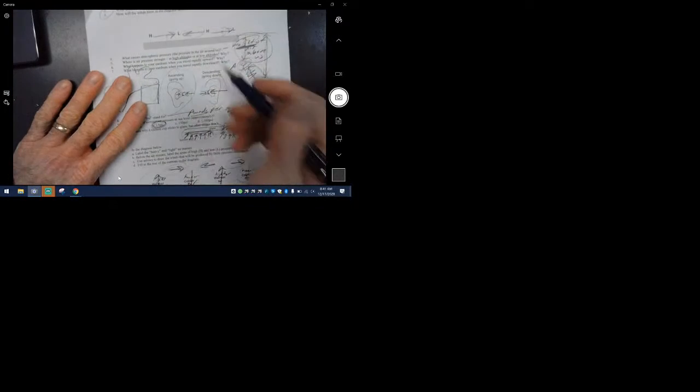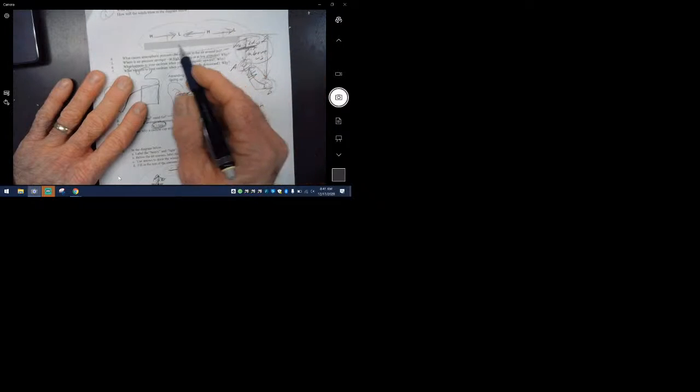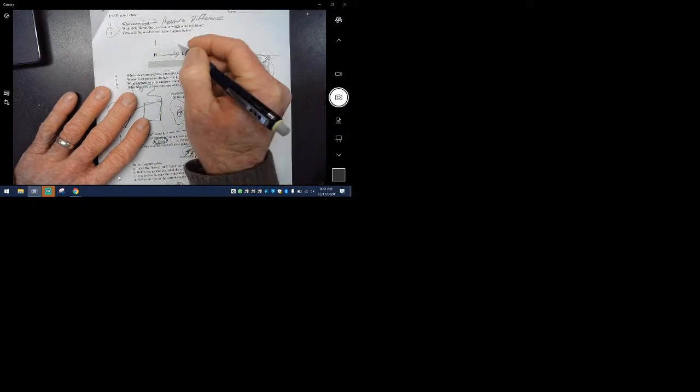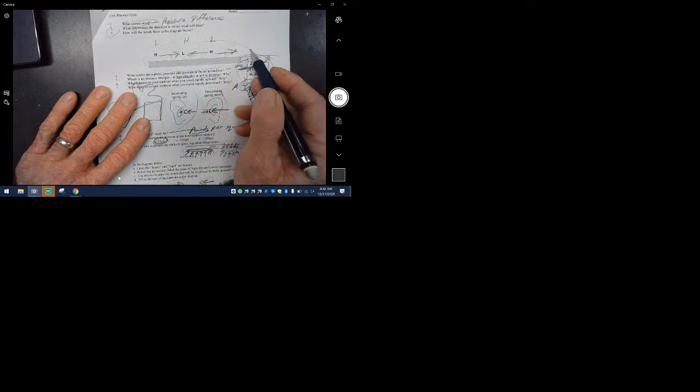except that on Monday, all of you blue people, you're going to have a quiz over these kinds of questions. And it's going to be pretty much the same as this, but if I do a diagram like this, I might not have high, low, high, low. It might be low, high, low. It might be low, high, low, high.